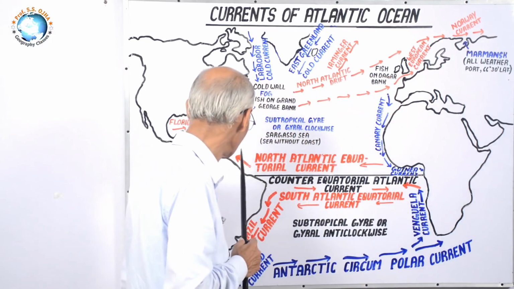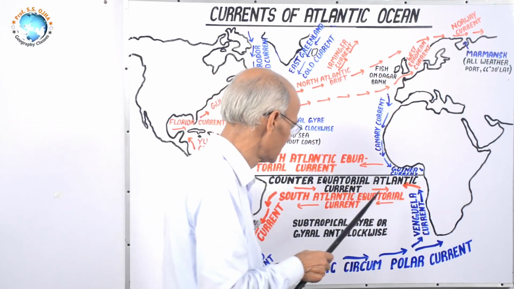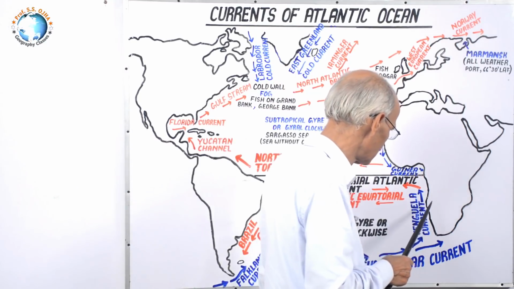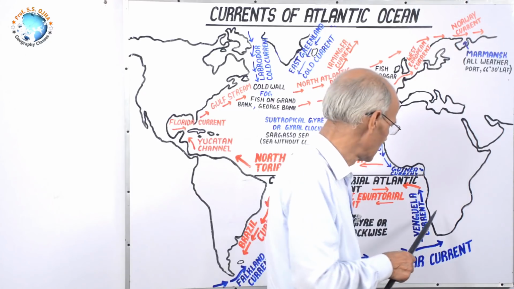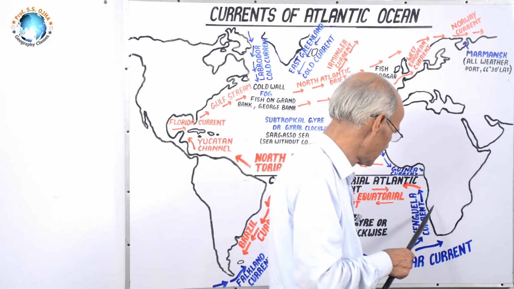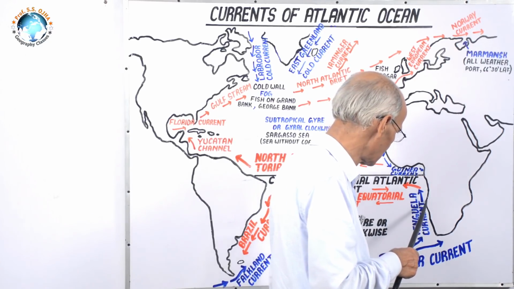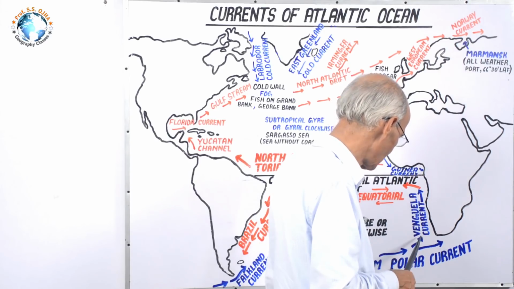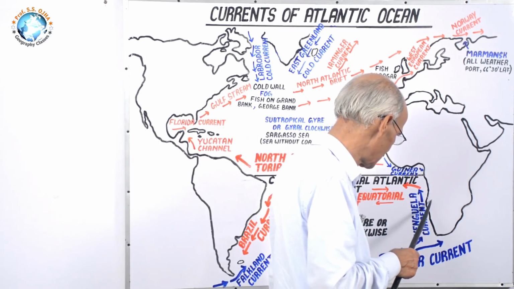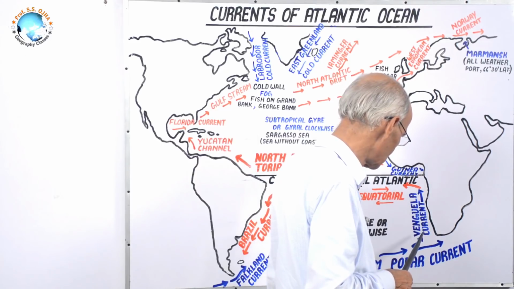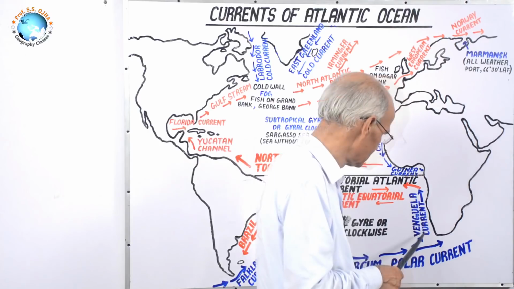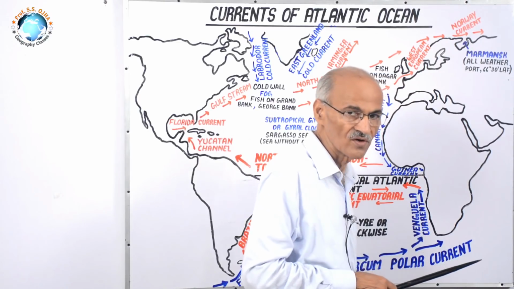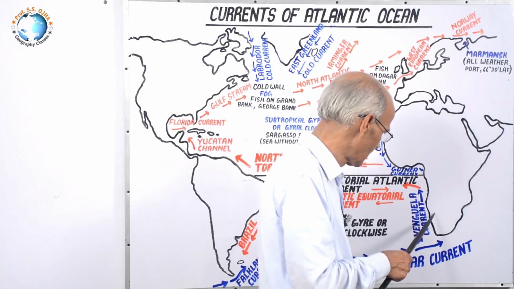The Venezuela current is here, and here it is Benguela, that is a city, a port in Angola, on the coast, hence the Benguela current is named after this port city, and this is a cold water current moving parallel to the west coast of Africa.